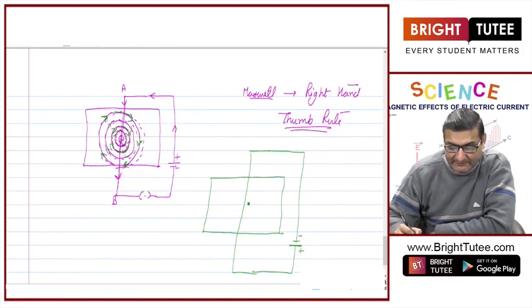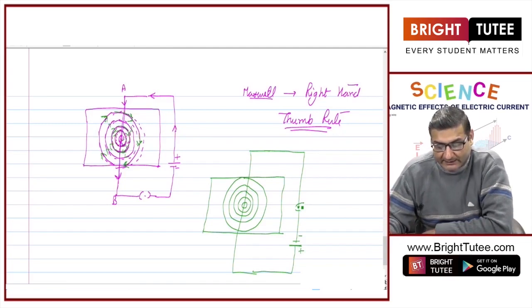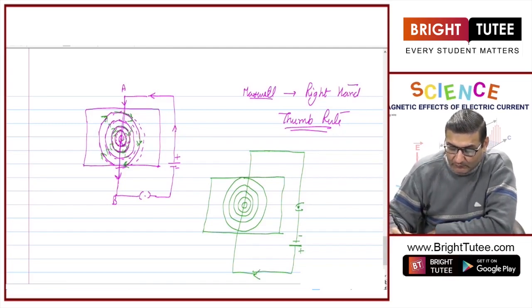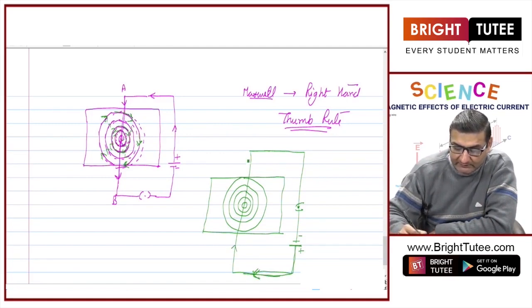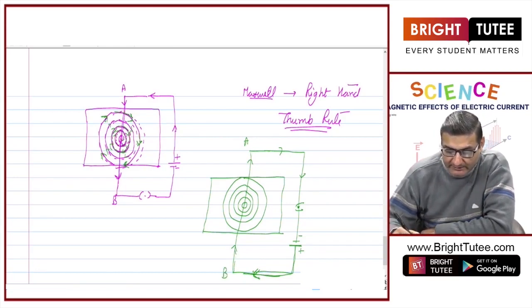We will take magnetic field lines, and the magnetic field lines will be in the form of concentric circles, of course. When the plug is switched on, the current flows. Now the current will flow from the positive to the negative direction. That means in this wire AB, the current is now going in the upward direction.